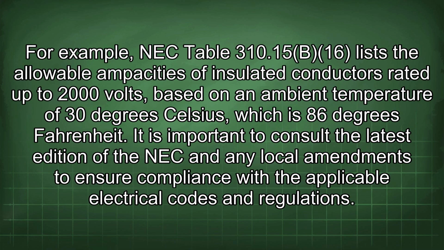For example, NEC Table 310.15(B)(16) lists the allowable ampacities of insulated conductors rated up to 2000 volts, based on an ambient temperature of 30 degrees Celsius, which is 86 degrees Fahrenheit. It is important to consult the latest edition of the NEC and any local amendments to ensure compliance with the applicable electrical codes and regulations.